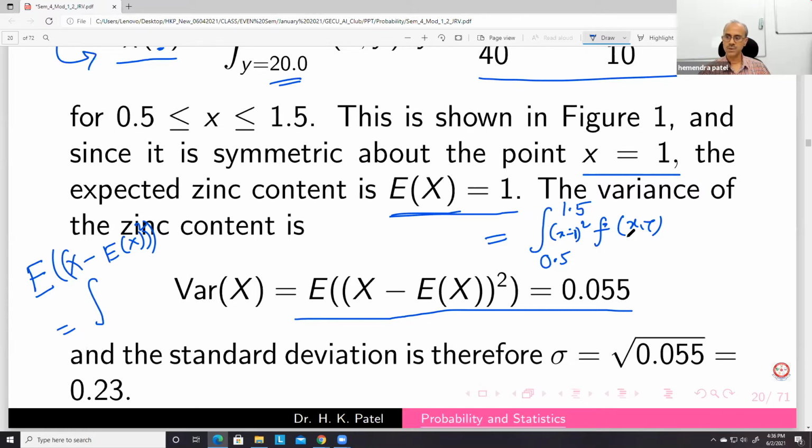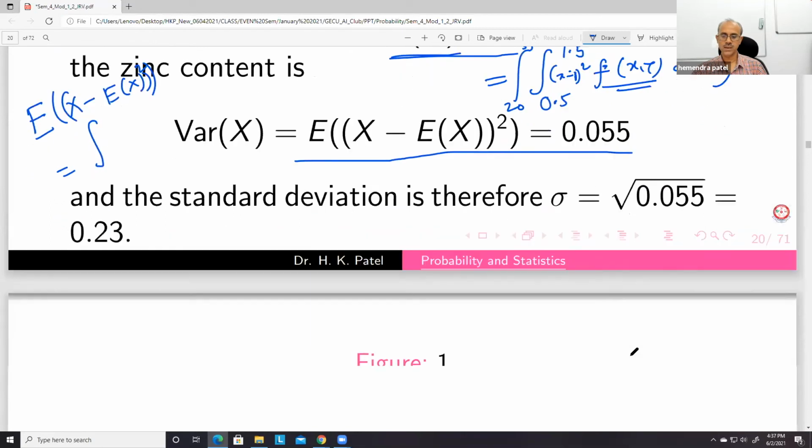This is a function of x, y, no? So we have to take double integral. So this is dx and then dy, and then y will be 20 to 35. So this is the region. Therefore we are getting constant value. Because this is x minus Ex, and Ex is 1, so x minus 1 whole square, and then PDF. And because it is a function of xy, double integral will be there. All right. So once variance is known, we can find a standard deviation.